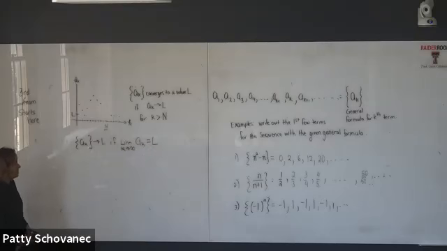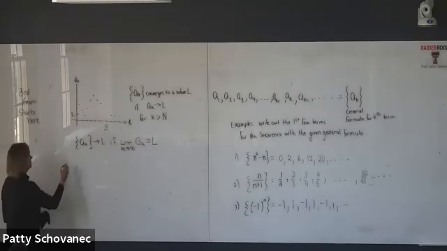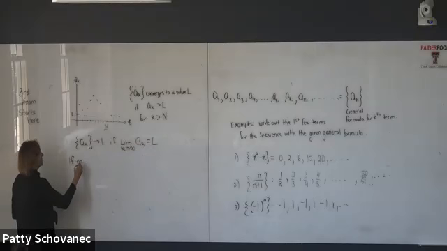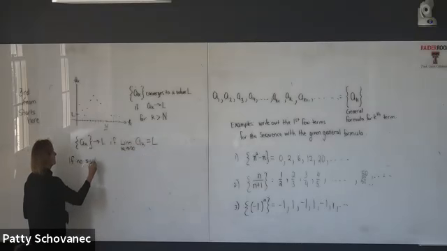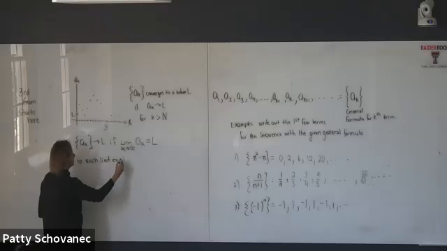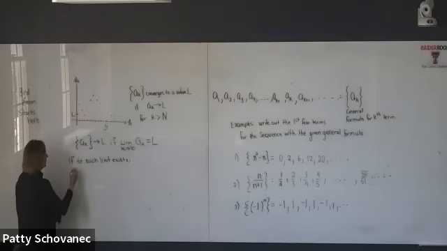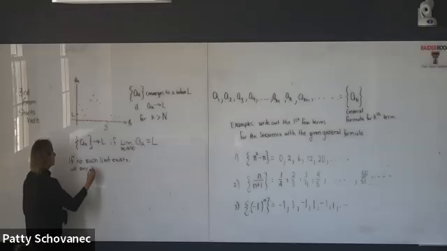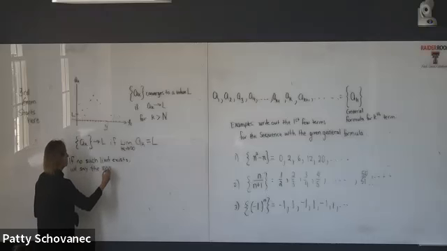If it doesn't have a limit, then the sequence diverges. If no such limit exists, we say the sequence diverges.